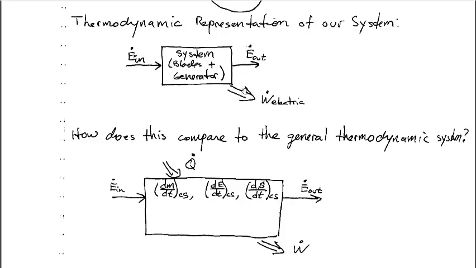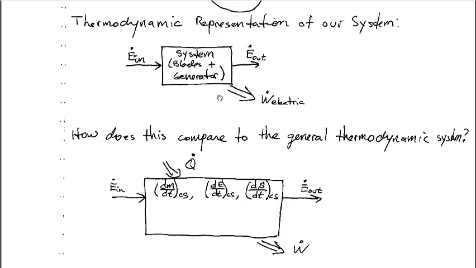But now our work term out of the control system would be the shaft power, not the electrical power. In other words, the shaft power is what goes into the generator. And so the actual output of that system would be shaft power, not electrical power, if our control system were just the blades. But as you can see, we can simplify our analysis by just including the blades and the generator within our control system.